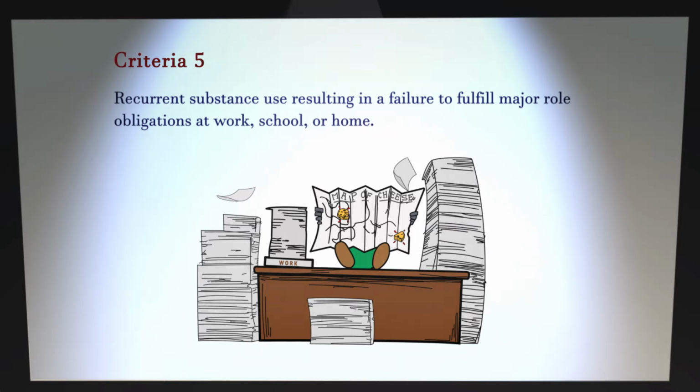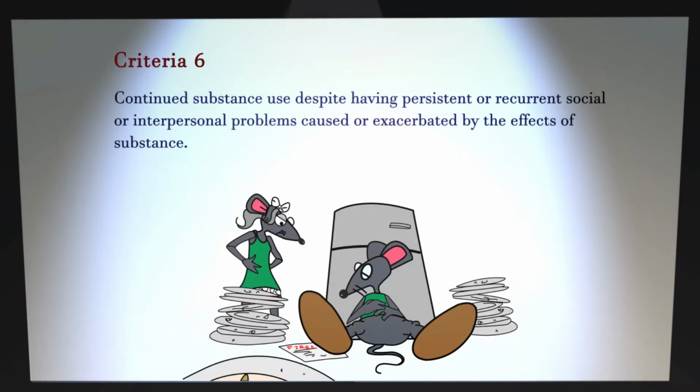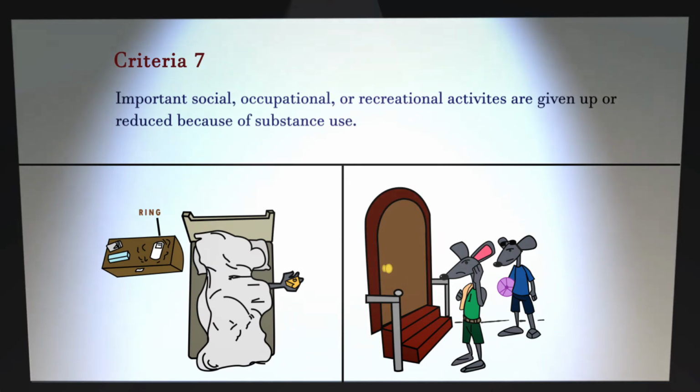Recurrent substance use resulting in a failure to fulfill major role obligations at work, school, or home. Criteria 6. Continued substance use despite having persistent or recurrent social or interpersonal problems caused or exacerbated by the effects of substance. And criteria 7. Important social, occupational, or recreational activities are given up or reduced because of substance use.